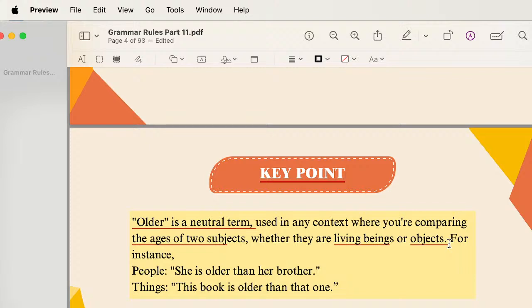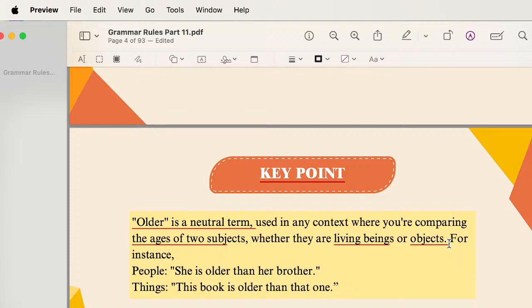Here we are using it for a person, and in the second example, we are using it for an object. This book is older than the last one. Alright, so this is how you use it. More examples. My older brother is studying abroad. Here also you're using it for a person who is more advanced in age.